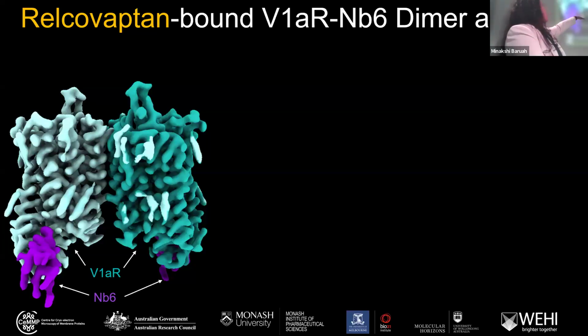In this dimer structure of V1AR, we can see both the protomers clearly bound to nanobody 6 and ECL2 lifting upwards. Another interesting point is that these two protomers are surrounded by certain lipid-like densities. These lipids could play a role in stabilizing this receptor in this conformation, or they might come from the membrane or the co-purified lipid micelles.